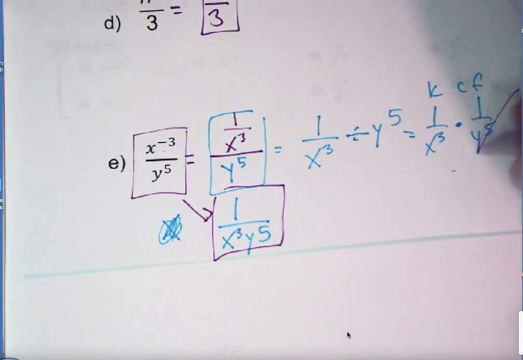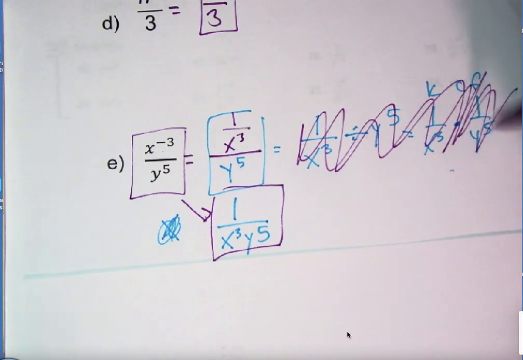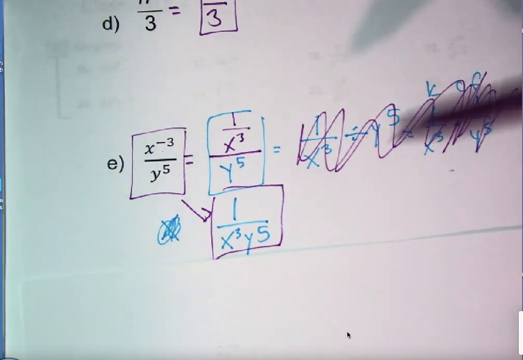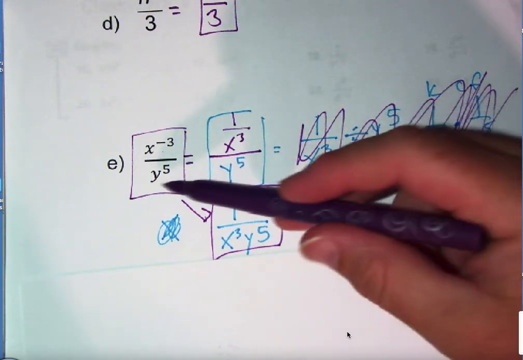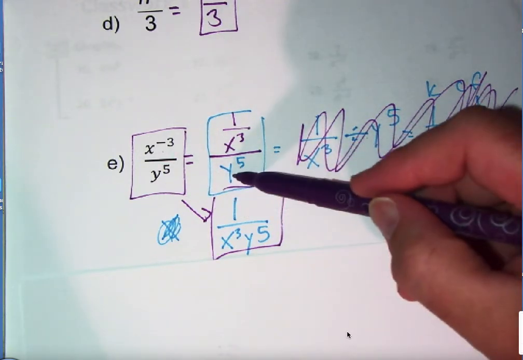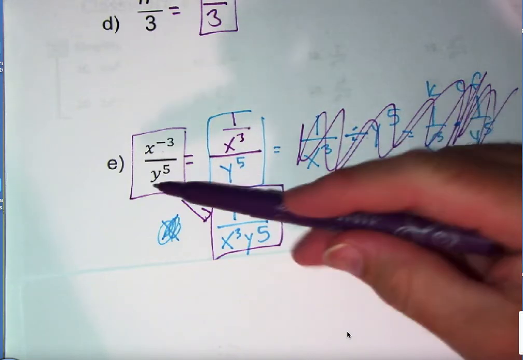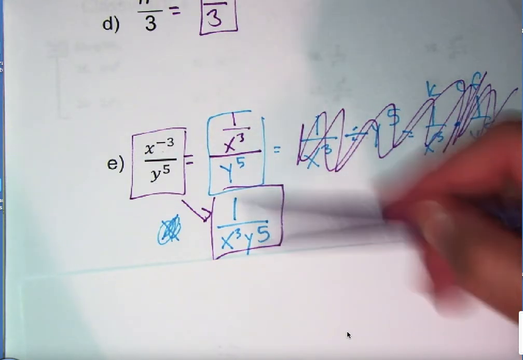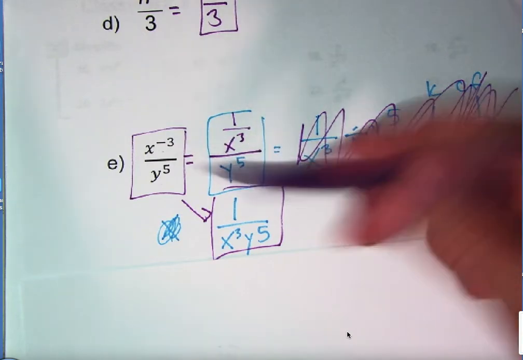Do I need all this work? No. More important, and this will help us with shortcuts, is take a look at where y to the fifth started. What do you notice? Where is y to the fifth located the entire time in all these processes?